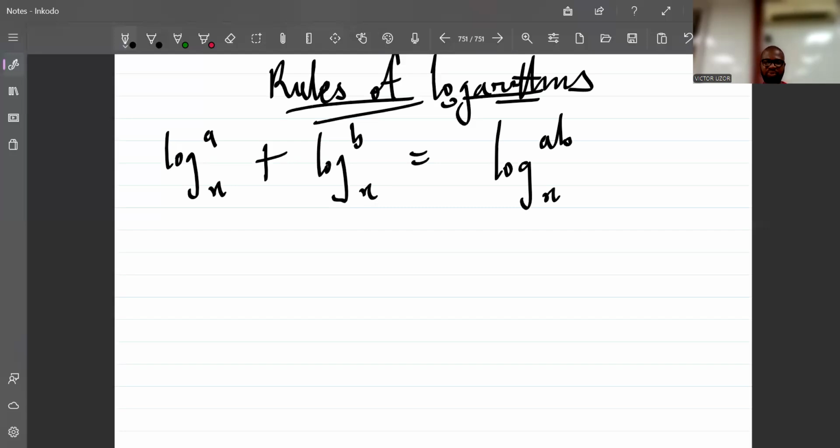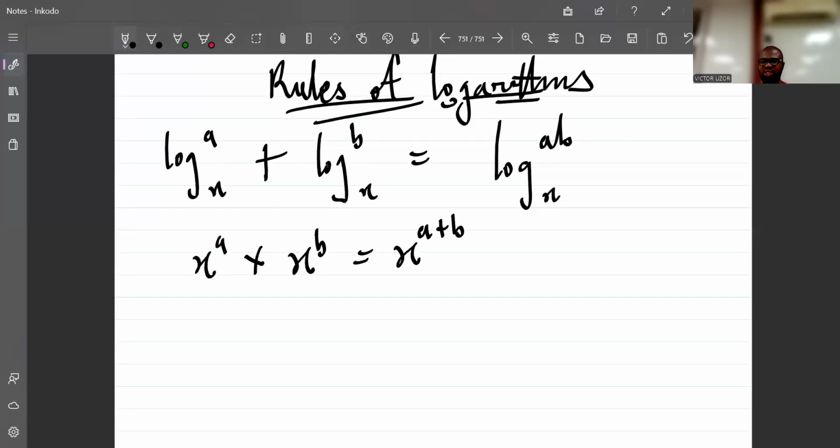So remember in indices, when you have x raised to the power a multiplied by x raised to the power b, your answer will be x raised to the power a plus b. It's like the reverse process.